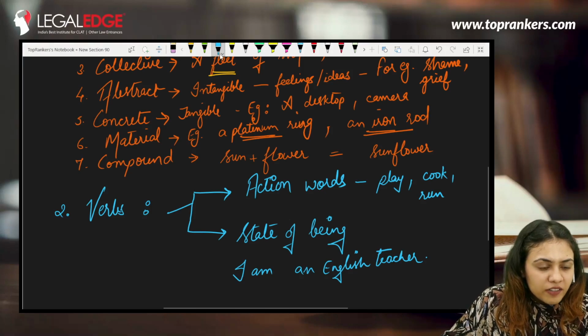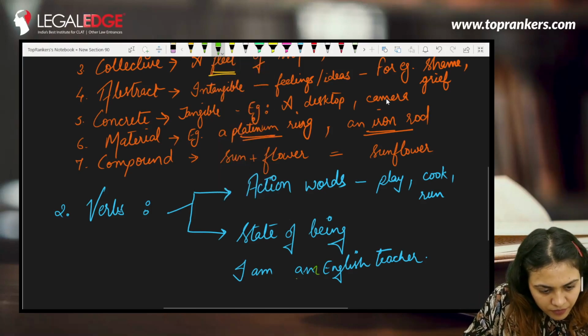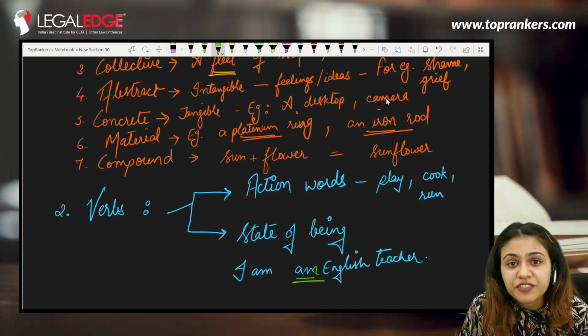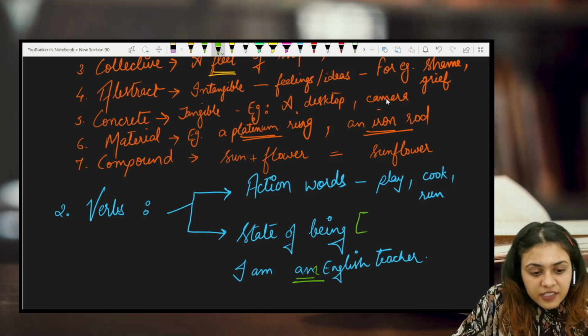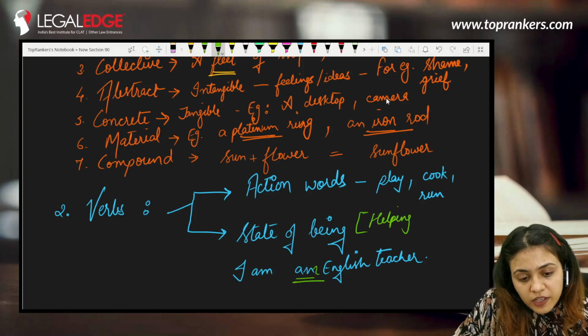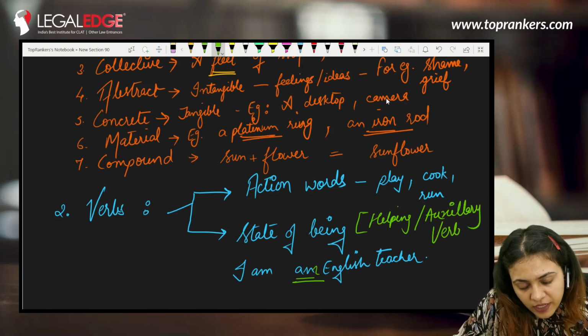So here the word am is basically something that tells you state of being. State of being actually is represented by helping or auxiliary words. So these are auxiliary verbs.